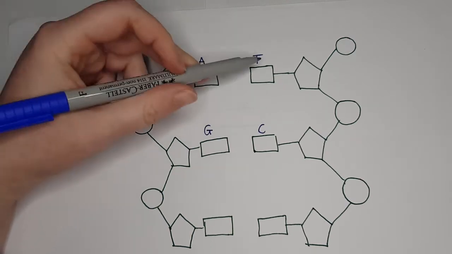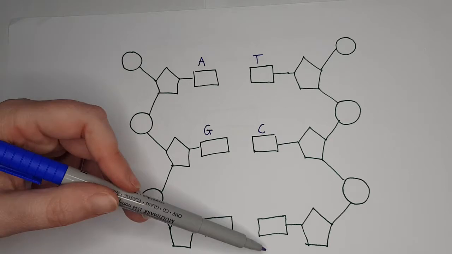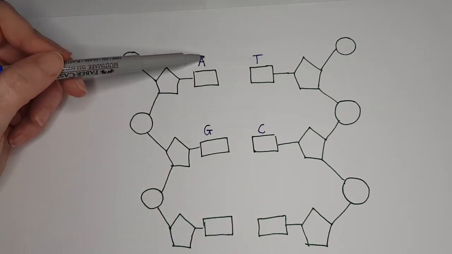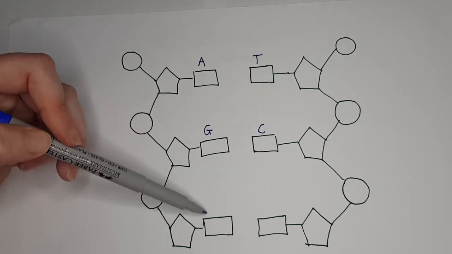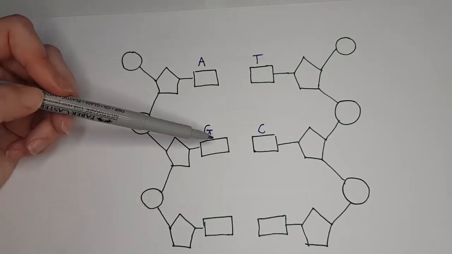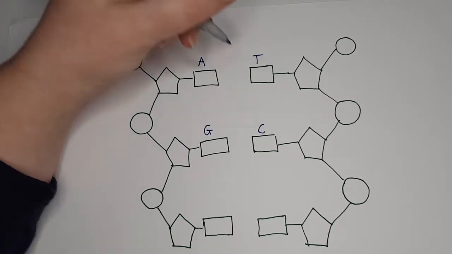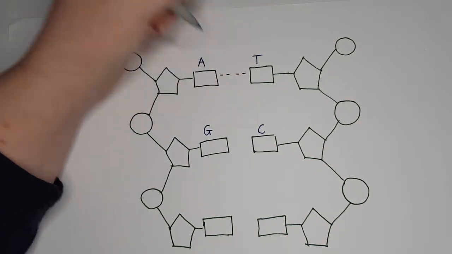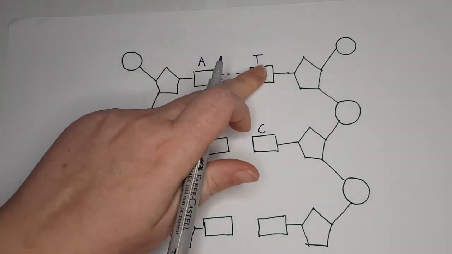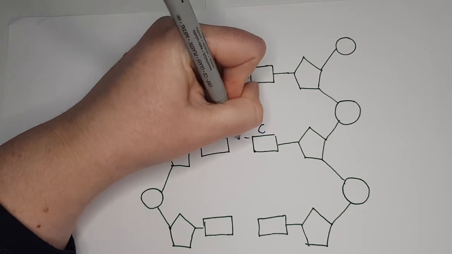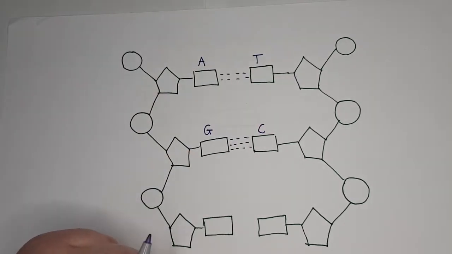So we always have A and T, and G and C. Now those letters could be in any order on any side, but as soon as there's an A on one side, it means a T will be on the other, or if there's a T on this side, A will be there, and the same for G and C. These are linked in the middle by hydrogen bonds, and there are 2 hydrogen bonds between adenine and thymine, and 3 hydrogen bonds between guanine and cytosine.